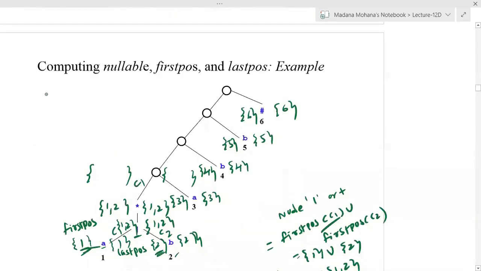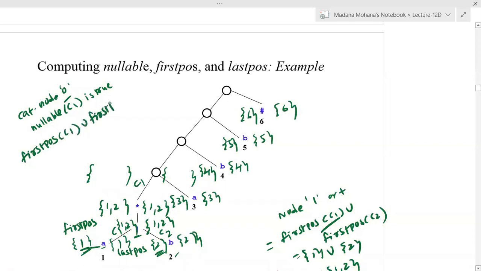So now here for the cat node, nullable of C1 is true. Then you can take the first position of C1 union the first position of C2.